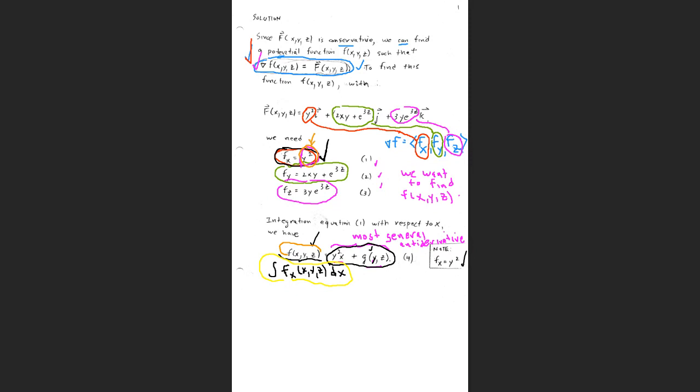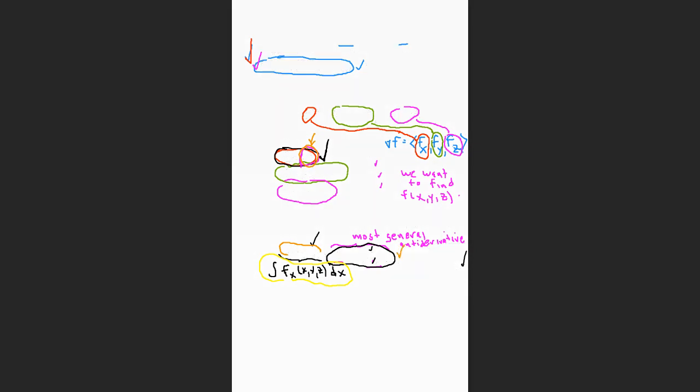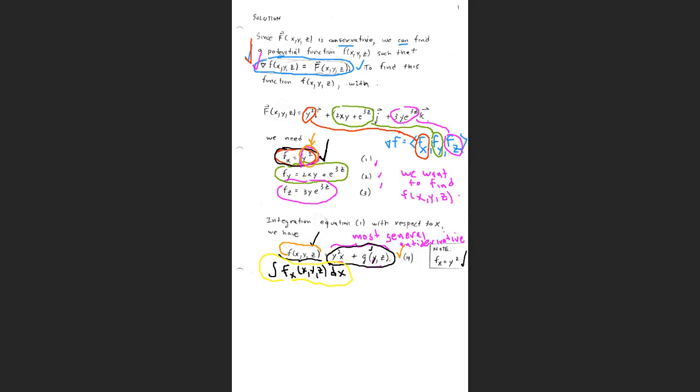So that gets you y squared x plus g of y, z. This is the most general antiderivative, and you want the most general antiderivative. If you differentiate y squared x plus g of y, z, you're going to get y squared. So it's all correct.